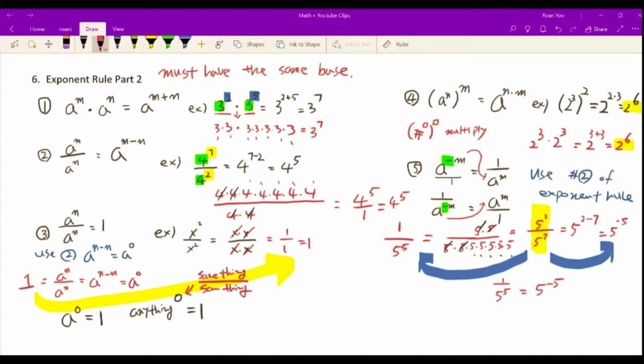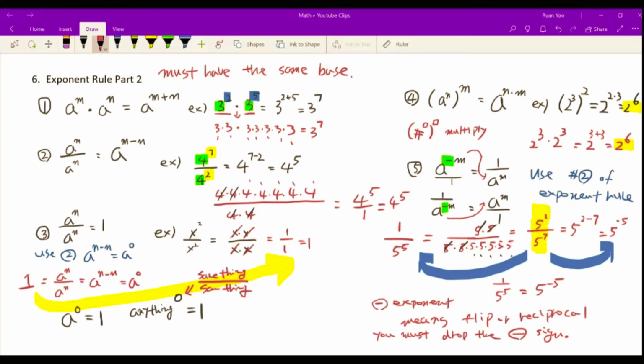But let me write, important: a negative exponent means flip, or reciprocal. But don't forget, when you flip, you must drop the negative sign.